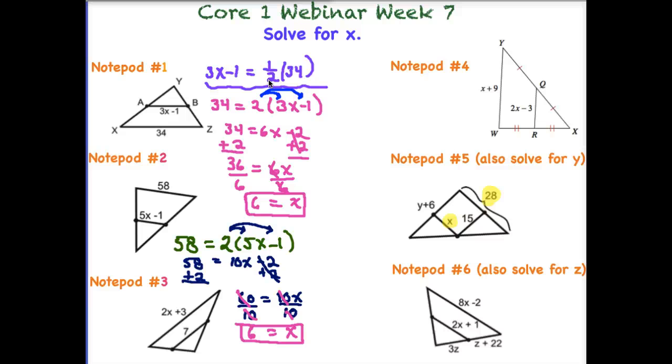All right, Kiana, let's look at yours last but not least. All right, so you moved the 4x over, nice. And then, the only thing is when you move the 4x over, you can't combine the 4x and the negative 2 because those aren't like terms. So what you would have on the left side then is 4x minus 2, right? And then on the right side, what would you have left on the right side?